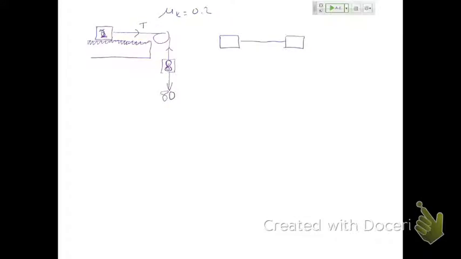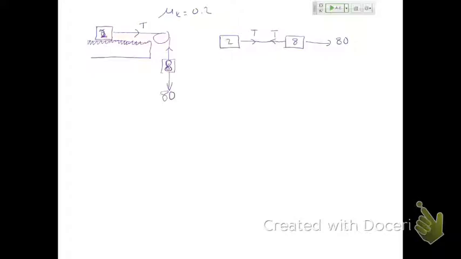This is going to be 80 newtons because it's an 8 kilogram hanging mass, mg. Then this is 8 kilograms, and here's my tension pulling back, reducing the acceleration of the 8 kilogram mass. And my tension is pulling the 2 kilogram mass forwards.